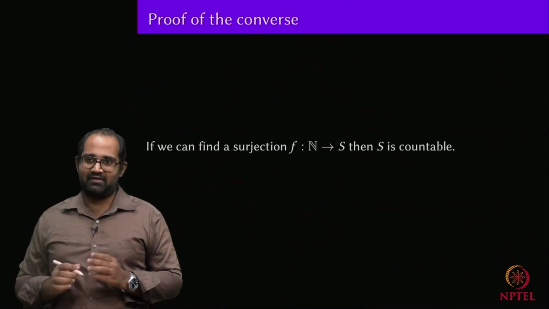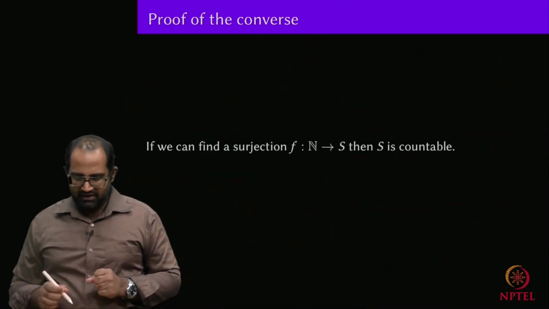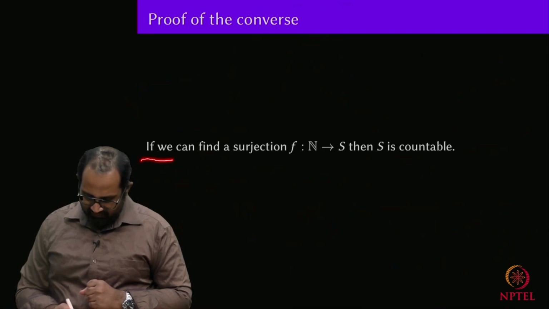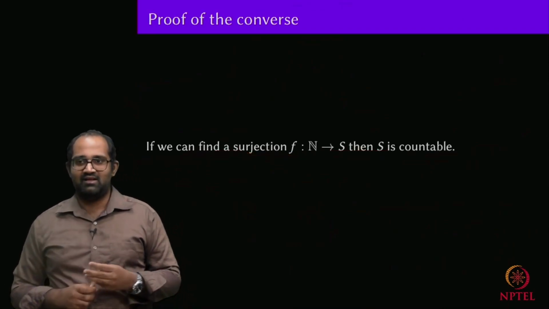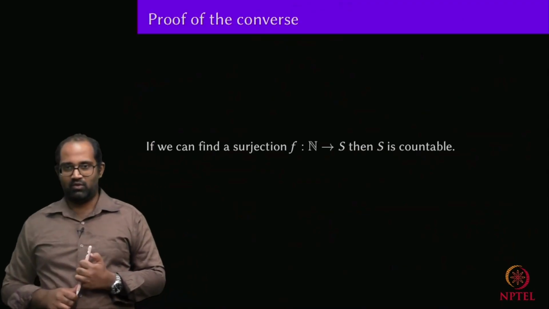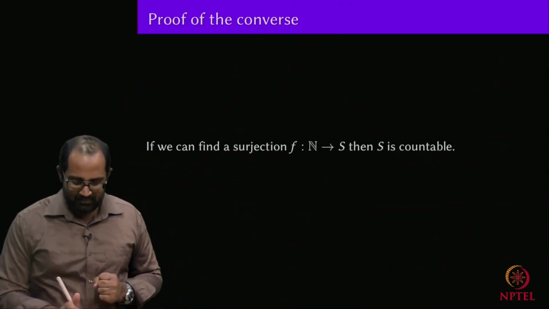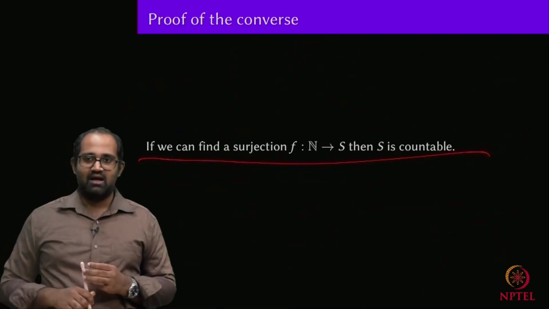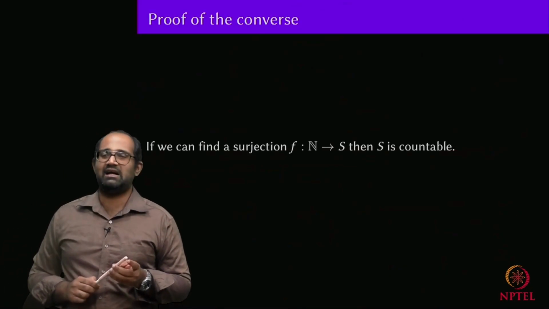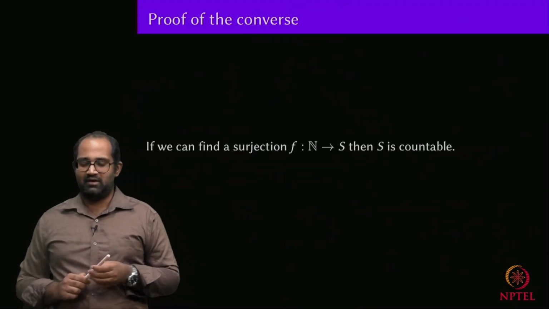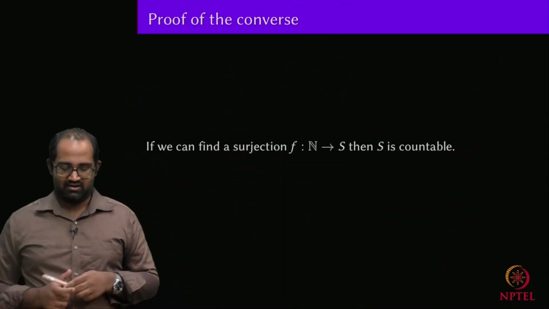The precise statement is, if we can find a surjection from the natural numbers to S, that's what a listing really means, right? Then S is countable. This is the precise statement of the converse. A listing is after all just a surjection. The technicality comes because the definition requires a bijection, right?